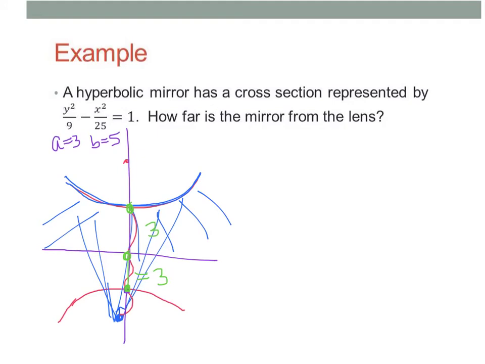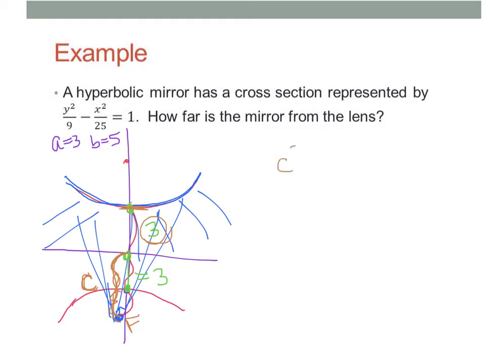So then, we try to pick a color here that we haven't used. What is the rest of this distance, or can I go all the way to the center? What's this distance? Well, if this is a focal point, that distance is C. So if I could find C, I could add 3 to it and get my total distance from this mirror.